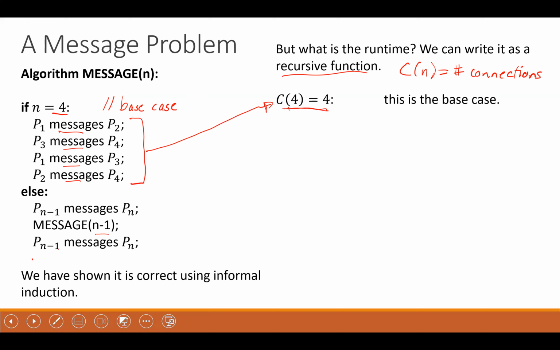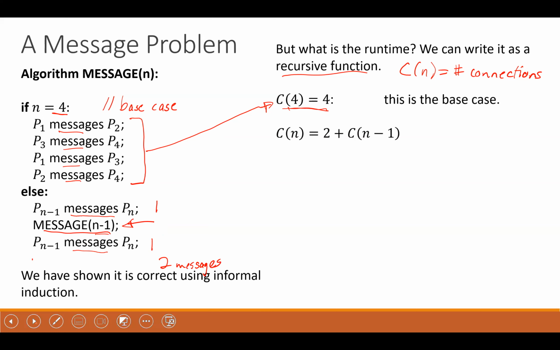Now our recursive case, I want to count this part. So what I have to do is say, well, there's 1 message called here and 1 message called here. The order is not so important when we're just counting. And then however many messages are called here, right? So I have 1 message here, 1 message here, that's 2 messages, plus my recursive call, however many messages are there.